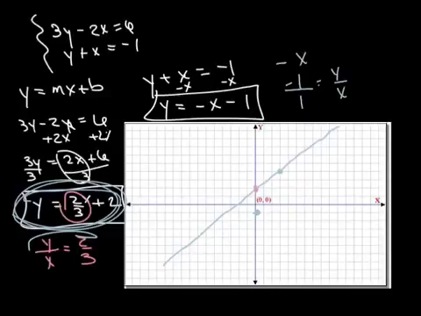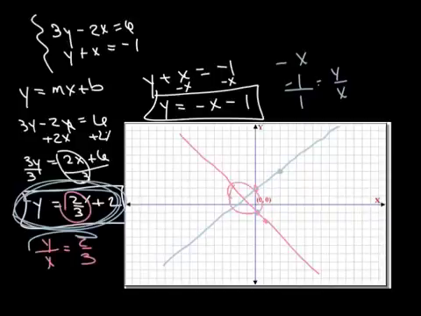So I start again at my y-intercept, negative 1, and I go up or down 1 for y, and left or right 1 for x. Because that's negative, I go down 1, and because this is positive, I go to the right 1. So I go from my y-intercept, down 1, negative, over 1, positive, and I get a point right there. And I draw a line.